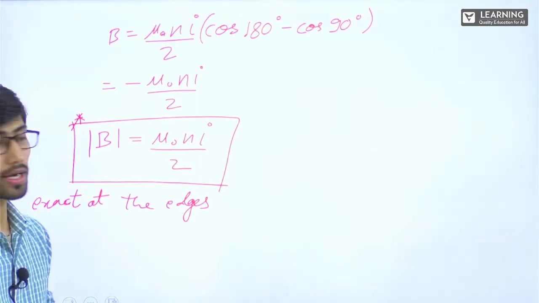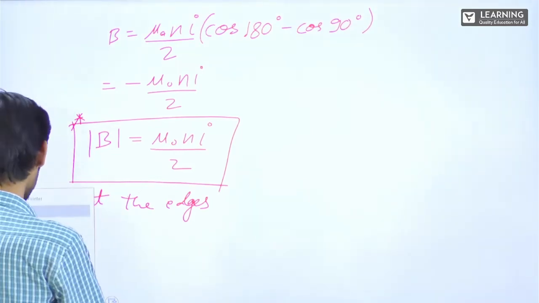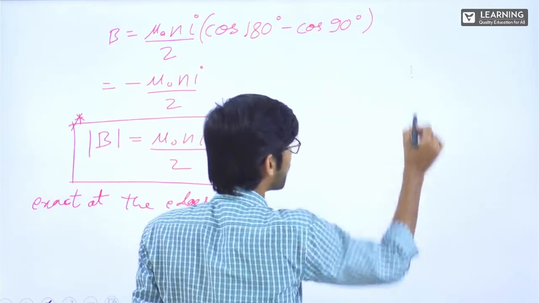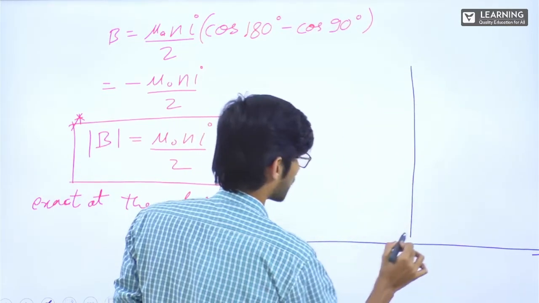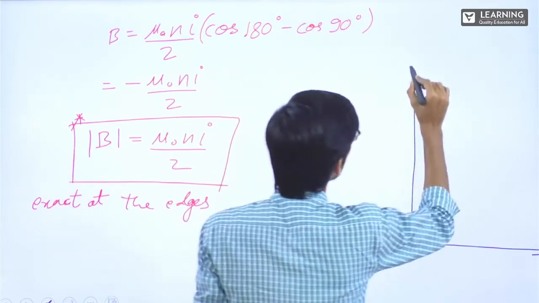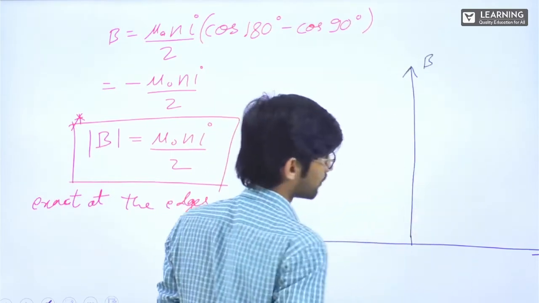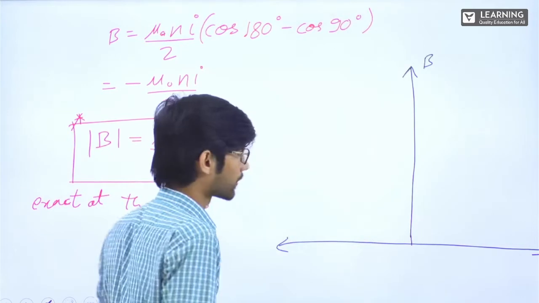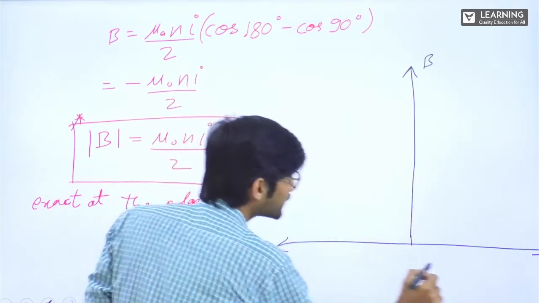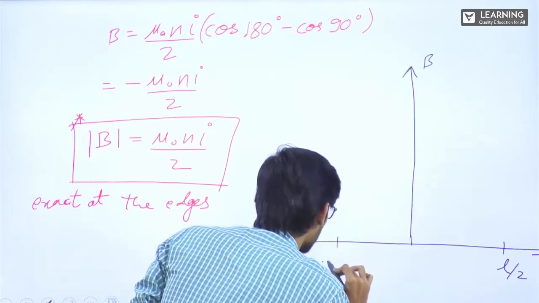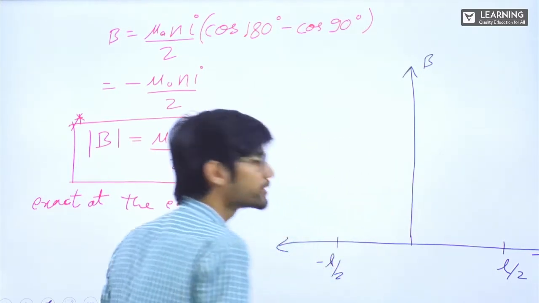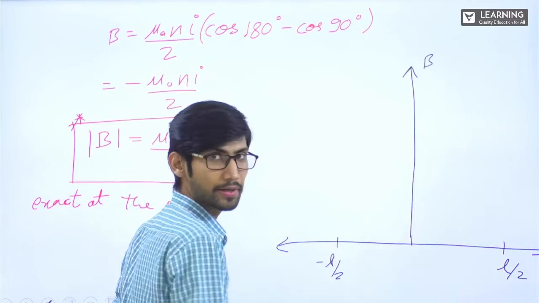So if I make the graph, this graph is B versus the length of the solenoid. Okay. So now let's say the solenoid, my L by 2 is here, minus L by 2 is here. So solenoid is of L length, which I have kept from the center.